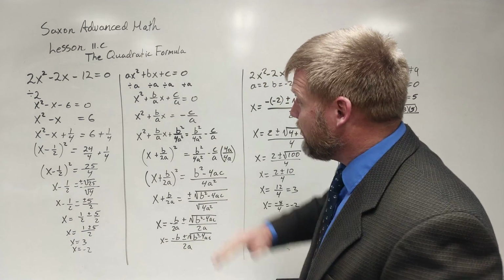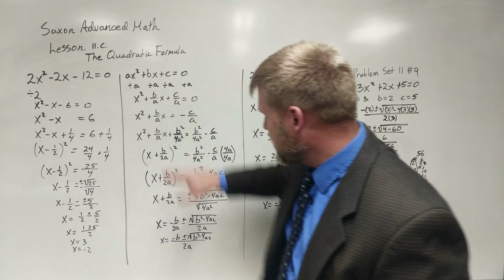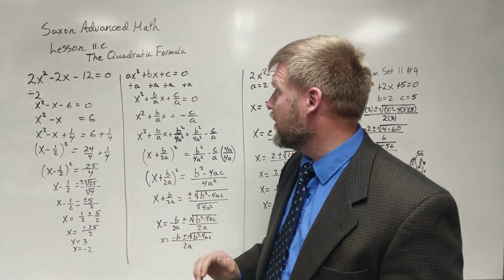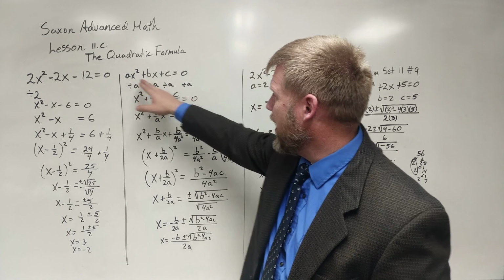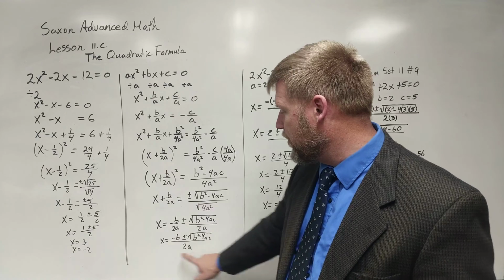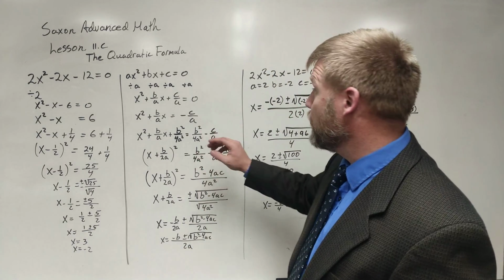What that means is if I could just make it look like this, I know that this is what x equals. I don't have to do all this in the middle again. If I could identify my a, my b, my c in a trinomial, I could stick it into this formula and it would tell me every time what x is. Let's watch that happen with this same problem.